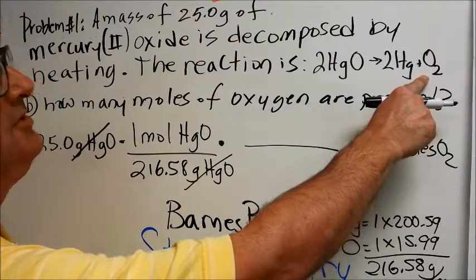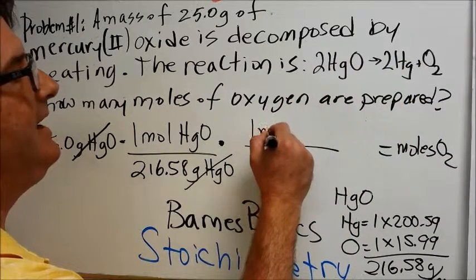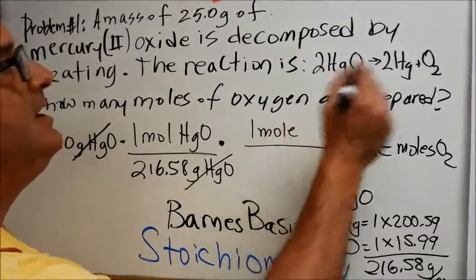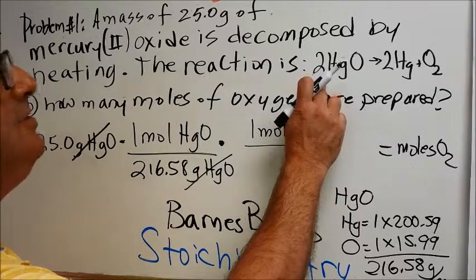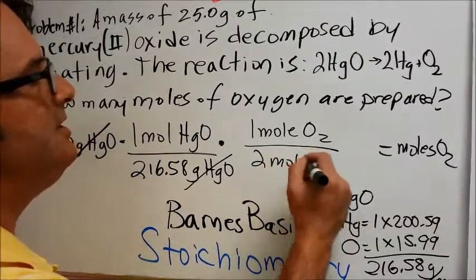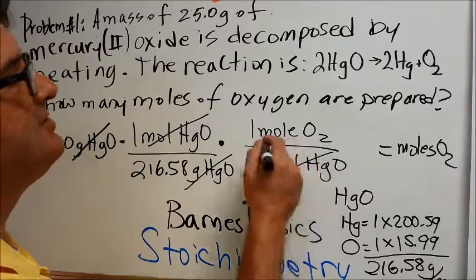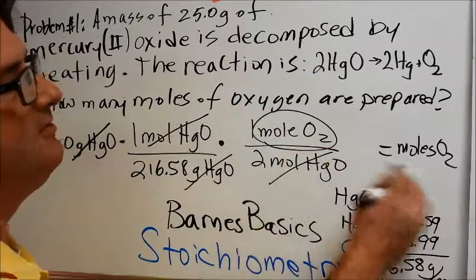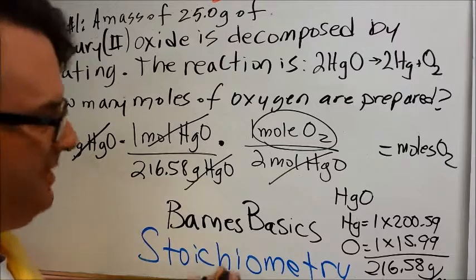When we look at oxygen in the formula, it's understood that there's a 1 in front of it, so we say that in this balanced formula, to get 1 mole of oxygen, we have to break down 2 moles of mercury oxide. So we put 2 moles of mercury oxide on the bottom. This cancels, this cancels. The only unit we have left is moles of oxygen, which is what we're trying to get. And now all we have to do is crunch the numbers.